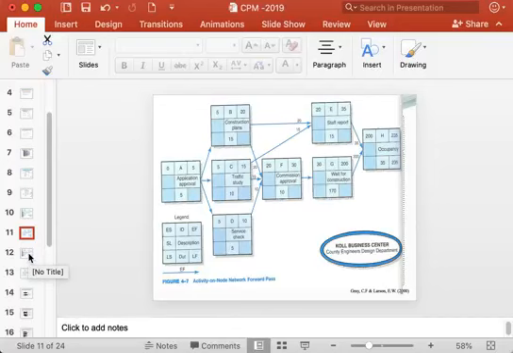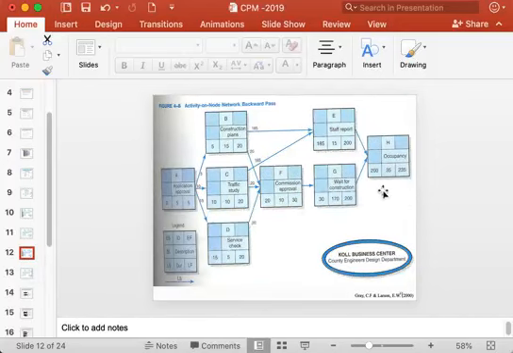Okay, then after having found the latest finish time by which the last activity can finish, we can work backward. We can go backward from activity H towards activity A, and calculate all the latest times.